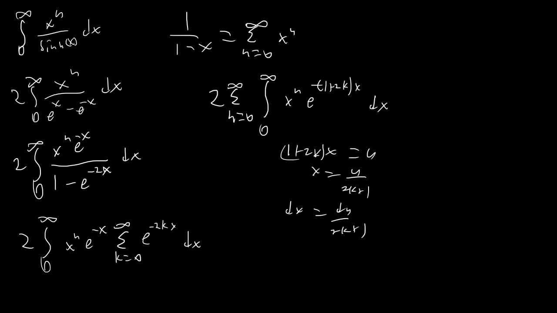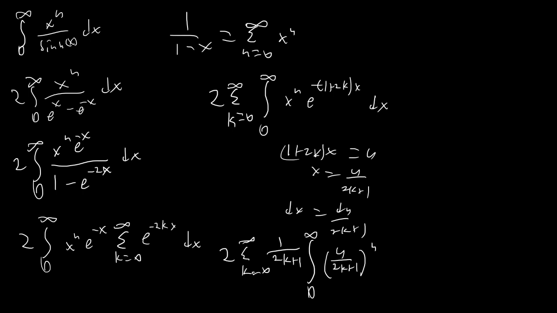When we substitute that, we end up with 2 times the sum from k equals 0 to infinity. Sorry, I put an n here, force of habit. This should be a k. Then we have 1 over 2k plus 1, bringing that to the outside, times the integral from 0 to infinity of u over 2k plus 1 to the n.